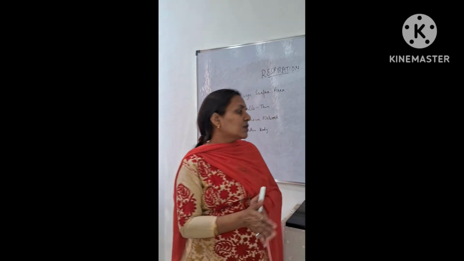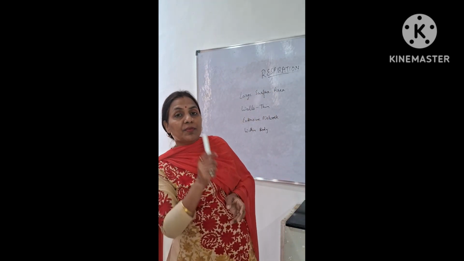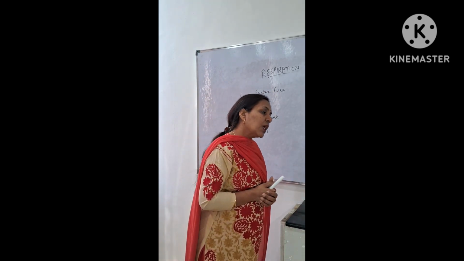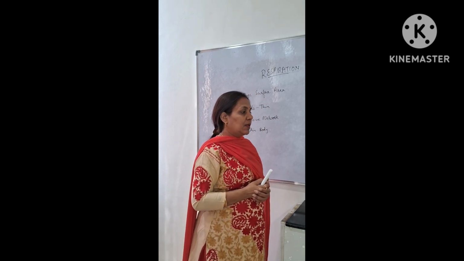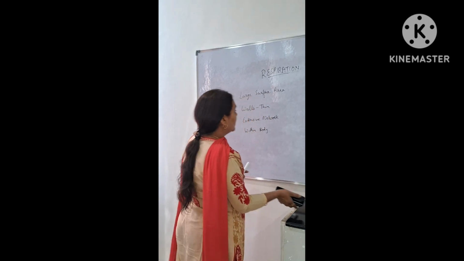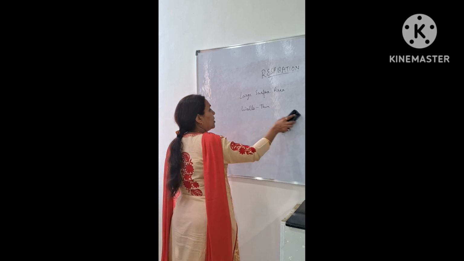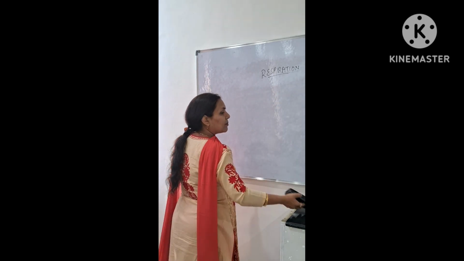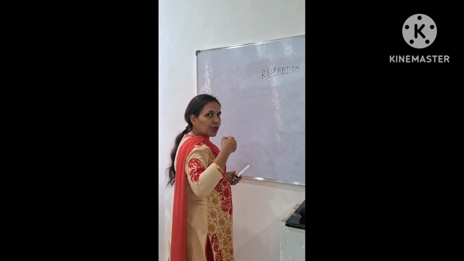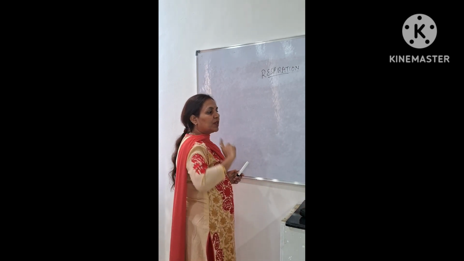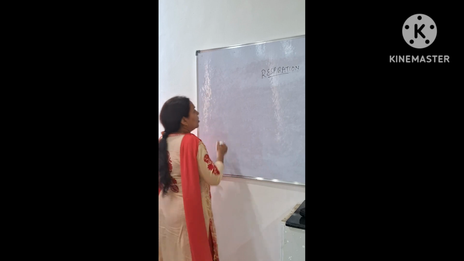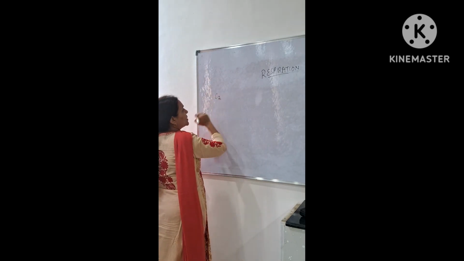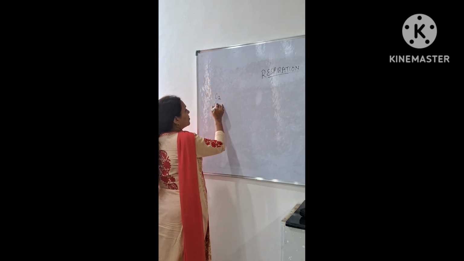Human respiratory system starts from the nose till the lungs. And if we look at the movement of gases right from the environment to the lungs and back to the environment. So oxygen rich air is taken from the environment.